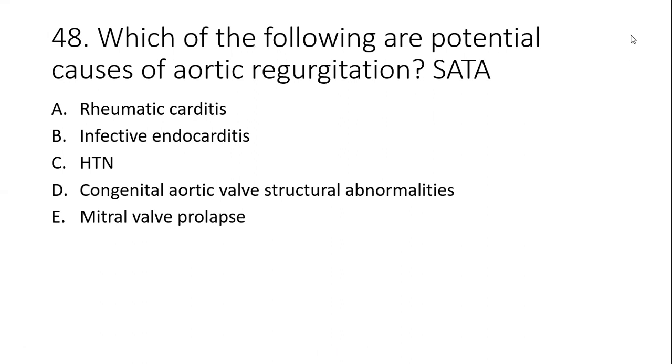Hypertension, yes, hypertension causes everything. And then, as I said earlier, the congenital aortic valve structural abnormalities, yes. Mitral valve prolapse is no. So this one's just B, C, and D.